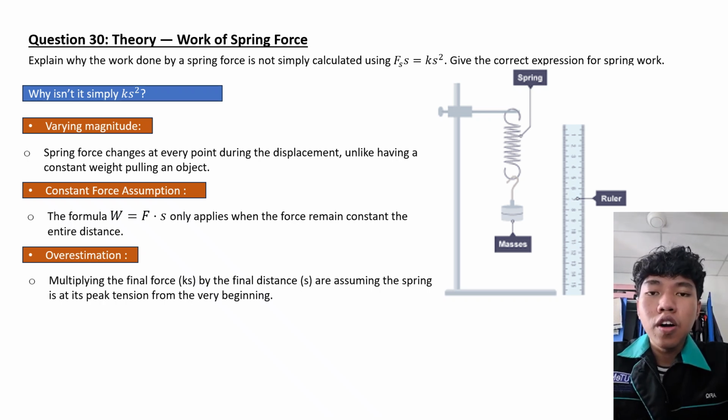Last one, overestimation. If we were to multiply the final force Ks by the final distance S, we would be assuming the spring is at its peak tension from the very beginning. I will now pass it over to my groupmate to walk through the mathematical derivation.